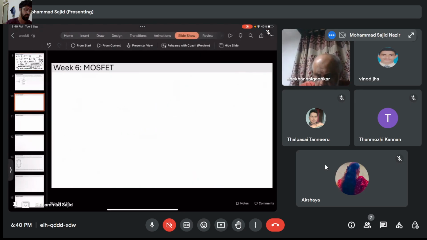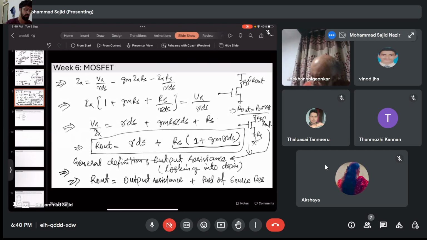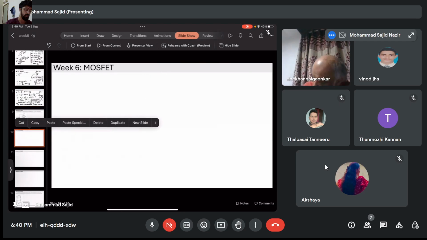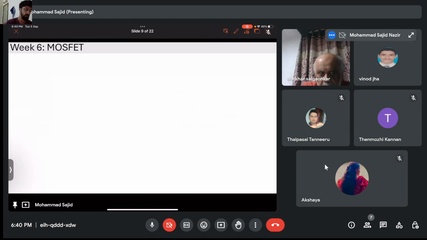One second. Let me just draw the circuits as well. This is M3, M4.